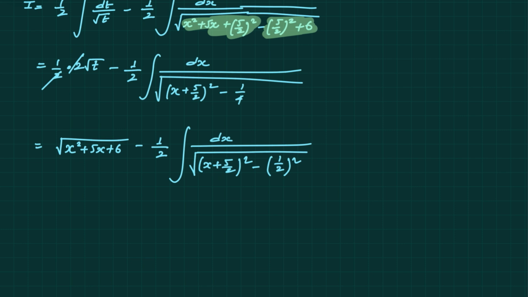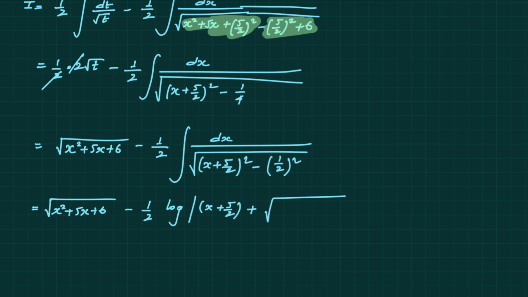Now this is in the form of 1 by square root of x square minus a square. So we will use the formula there, which is the second formula for today. The formula for it is log of x plus square root of x square minus a square plus c.